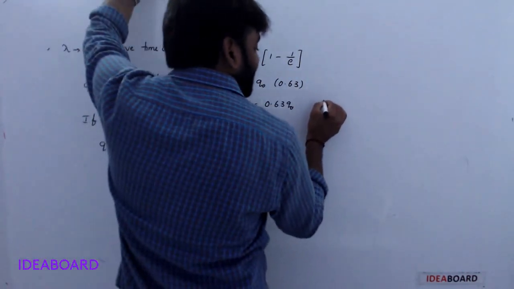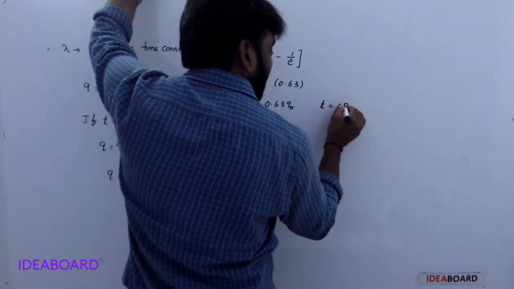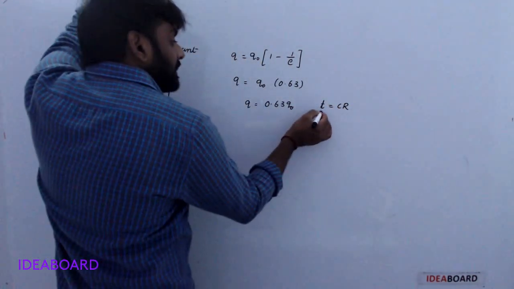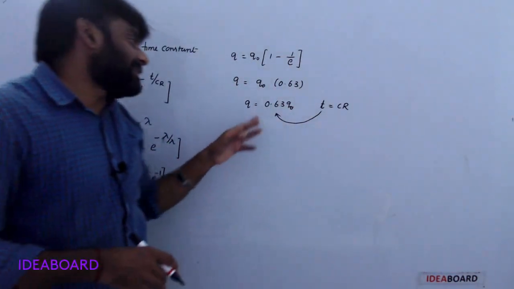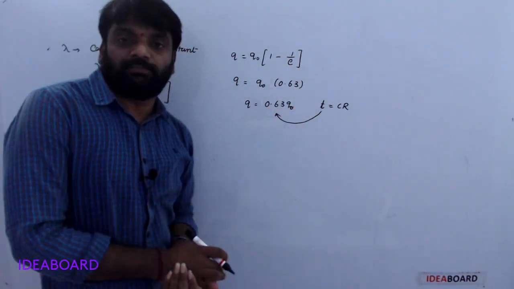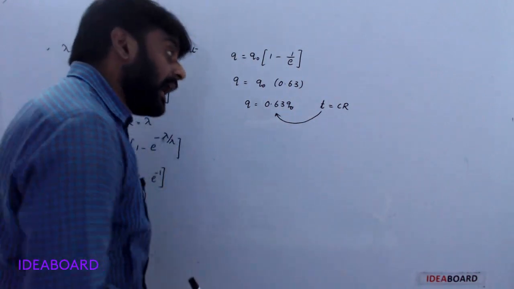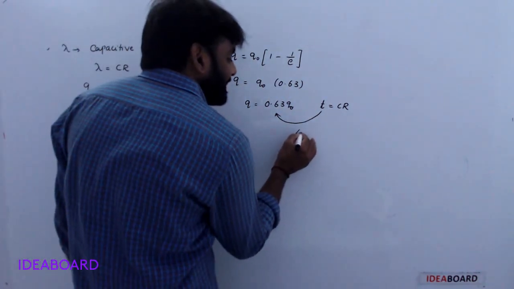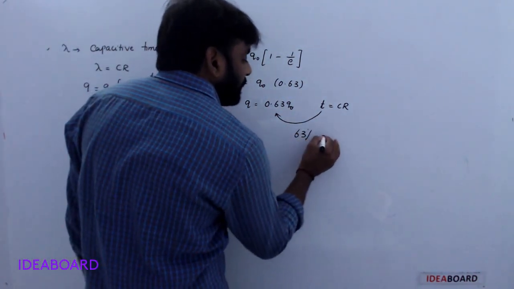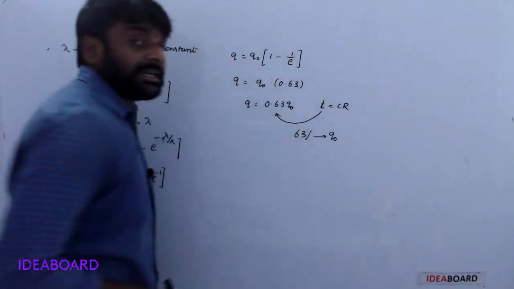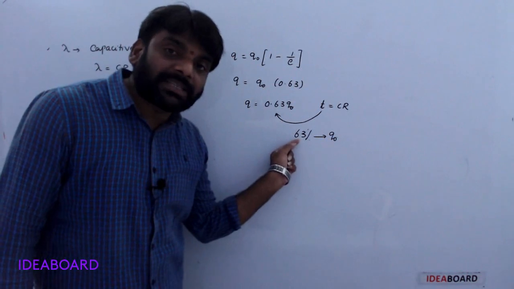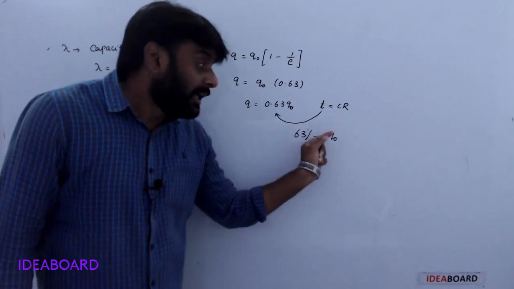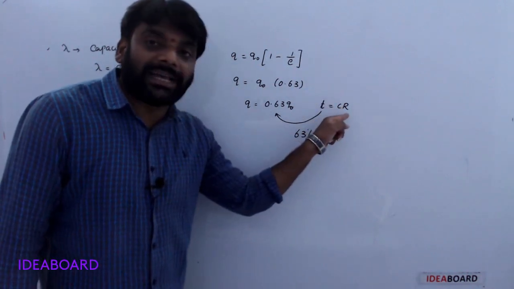That means at the time t equal to CR, the charge reaches 0.63 of the maximum charge, or 63% of the maximum charge.